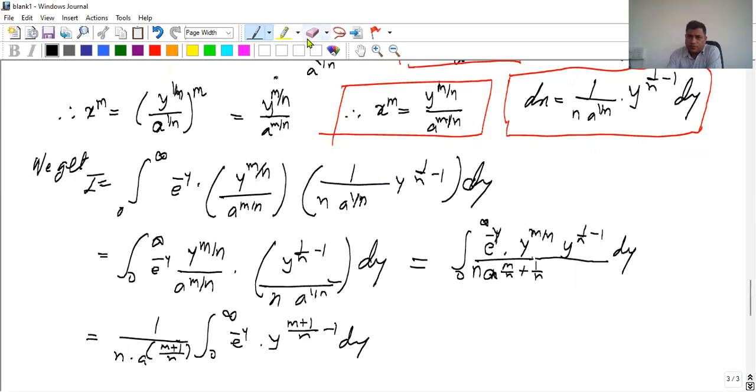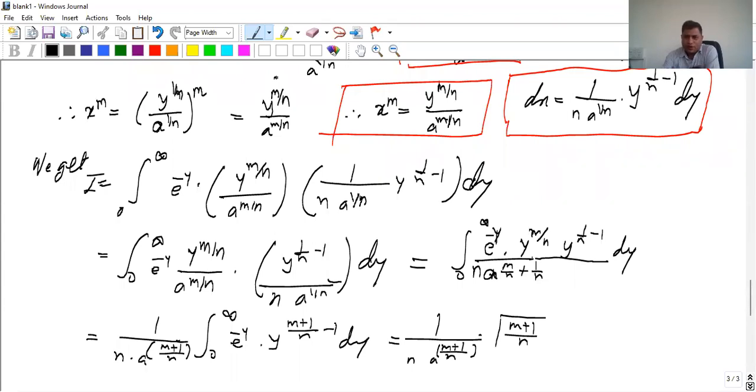Yes, sir. Okay. You can say this is m by n. And so if we compare this, 1 upon n a raised to m plus 1 by n, then this integral is gamma of m plus 1 by n. So is that okay?